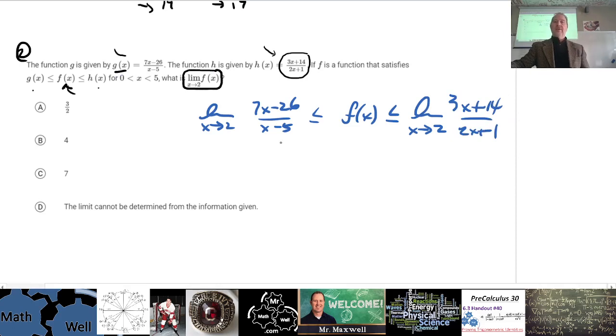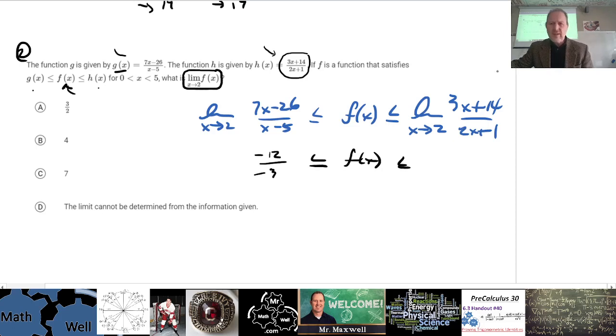So we've got this set up. Looks pretty squeezy to me. So let's plug in x equals 2. And I've got 14 minus 26, is that negative 12? Negative 12 over negative 3.